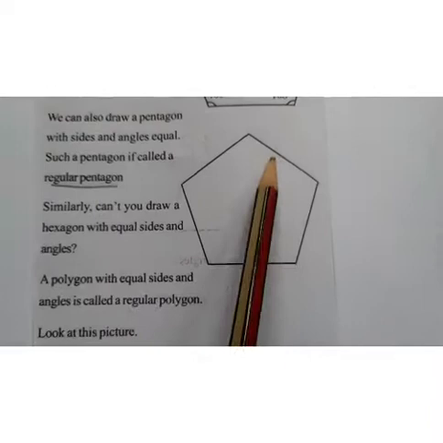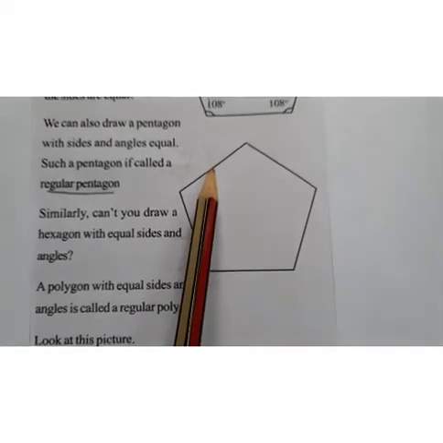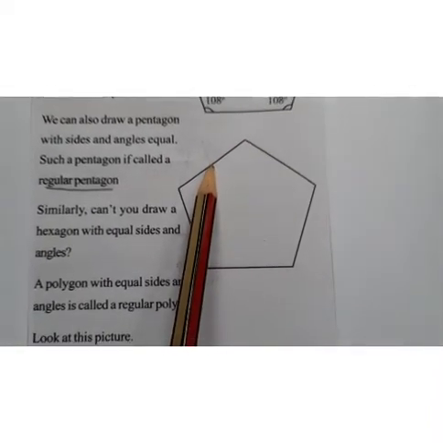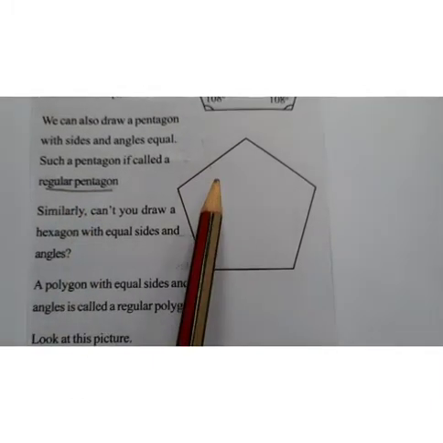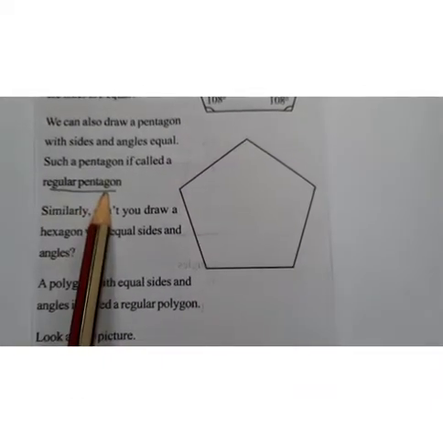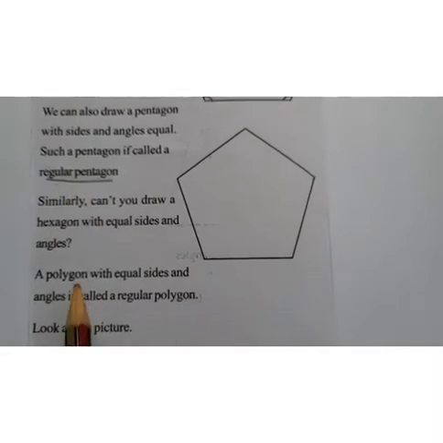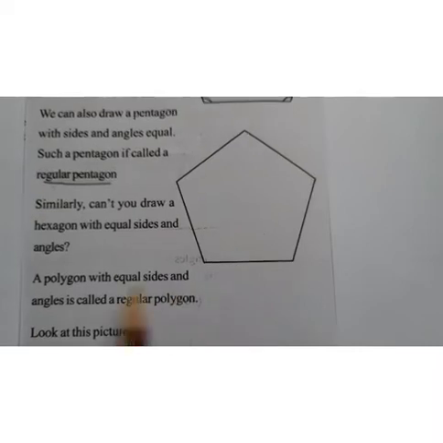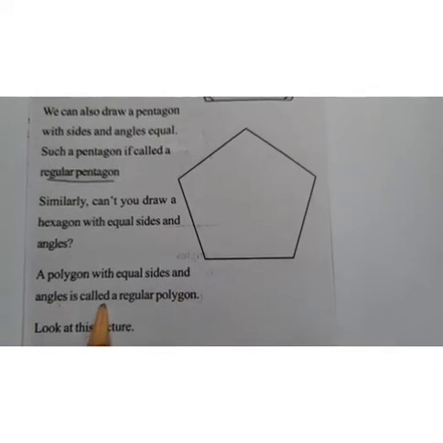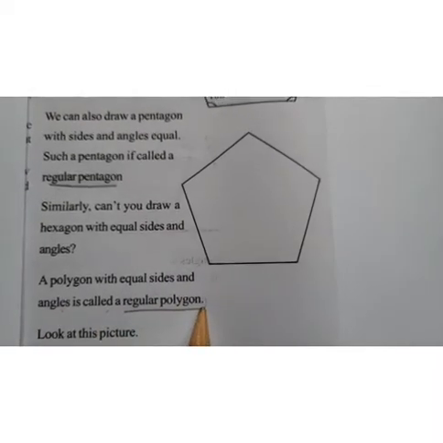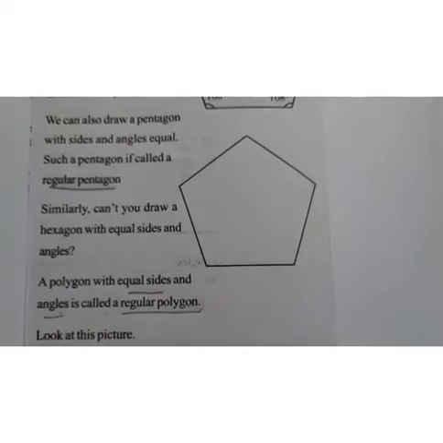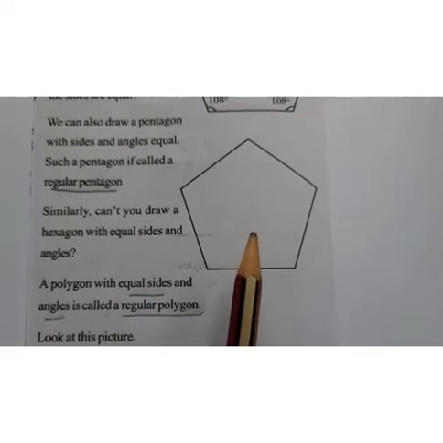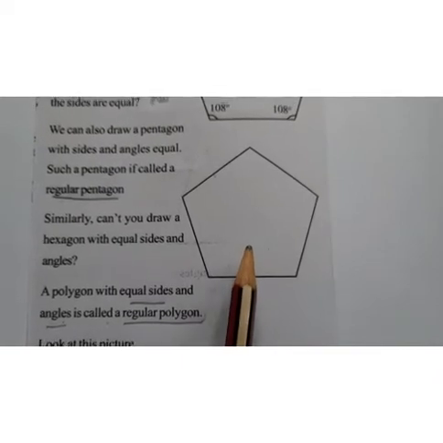If the angles and the sides of a polygon are equal, that polygon is called a regular polygon. Here it is a pentagon, so it is a regular pentagon. A polygon with equal sides and equal angles is called a regular polygon.